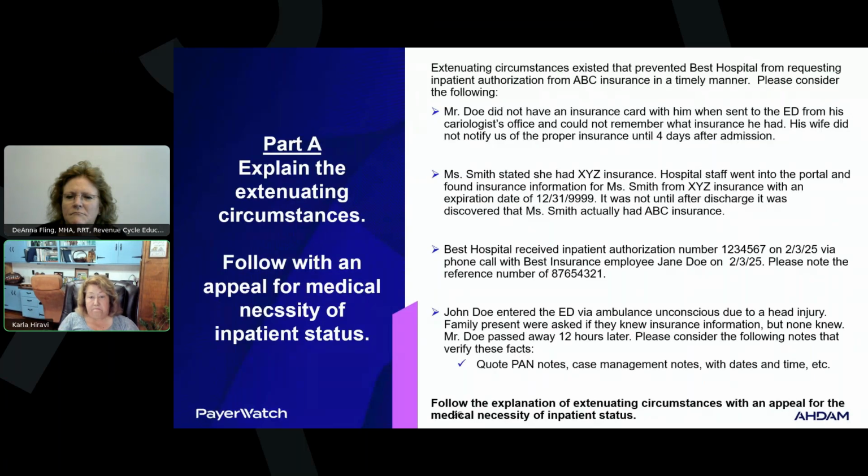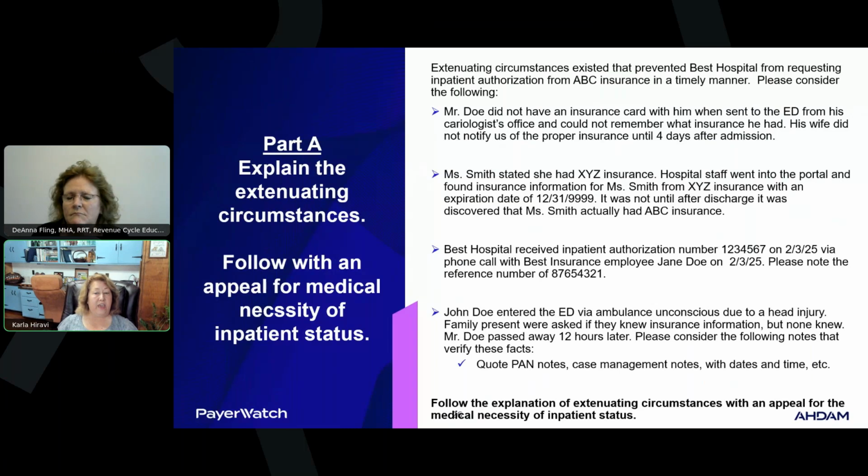So if an auth number was given, then you need to appeal with that. That's an extenuating circumstance. That is outside the hospital's control if it was an error.